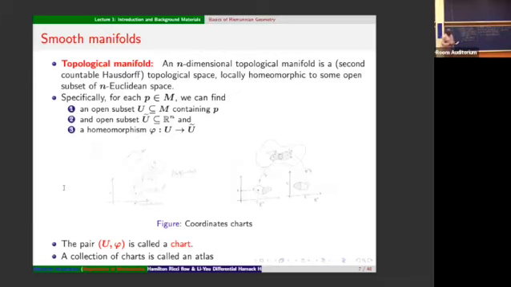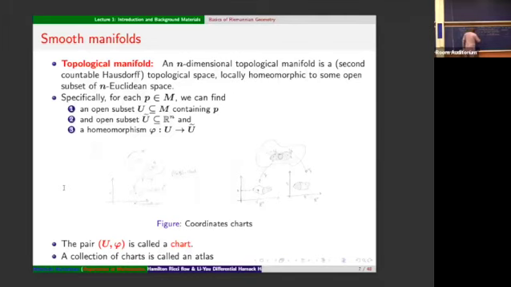We mean that for every pair of distinct points P and Q from M, there are distinct disjoint open sets U and V such that P is in U and Q is in V. These are open subsets of M. Then we say M is Hausdorff.